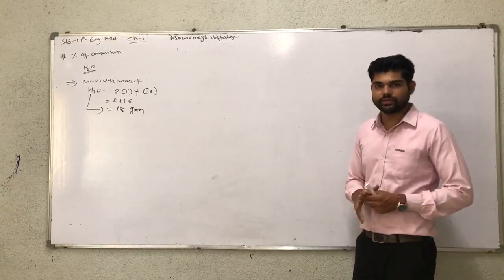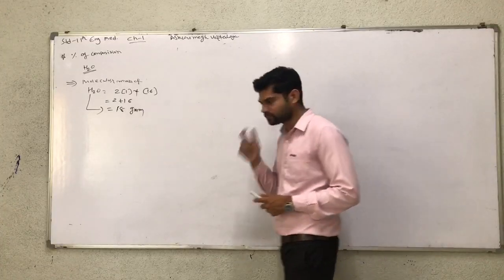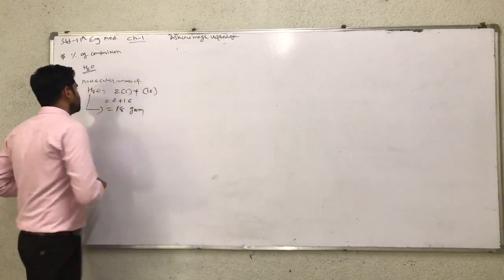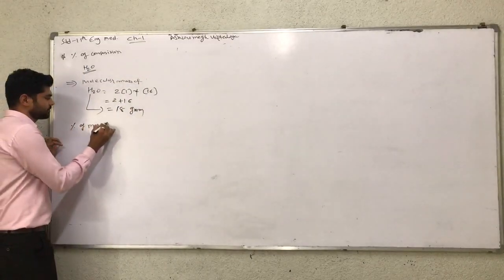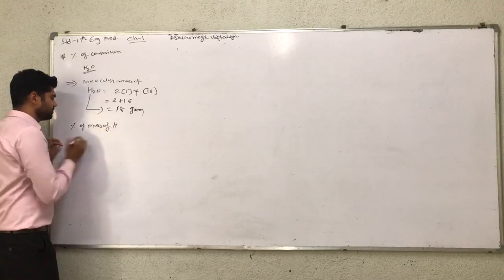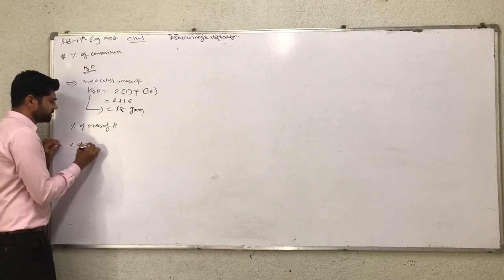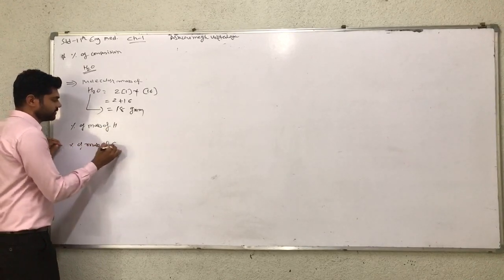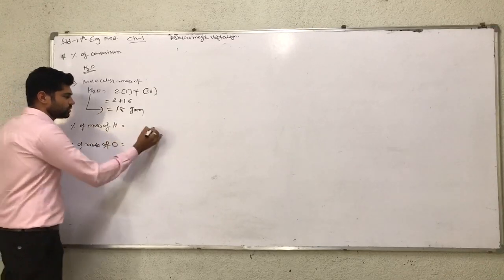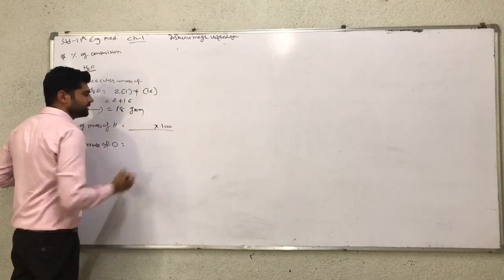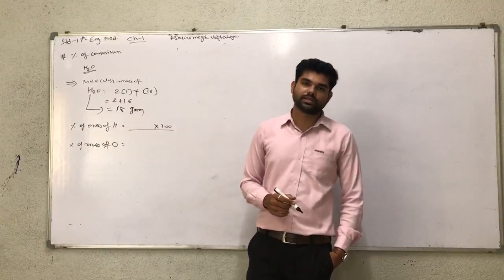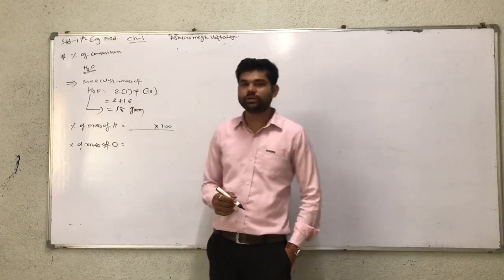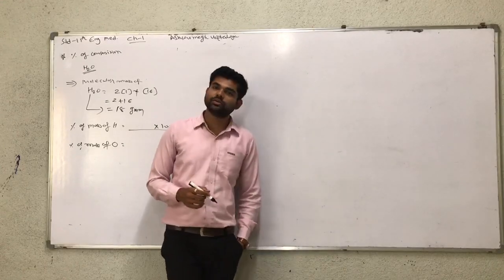So we first find the percentage of mass of hydrogen, H, and the percentage of mass of oxygen. Therefore multiply by 100, with total mass in the lower part and given atomic mass in the upper part.